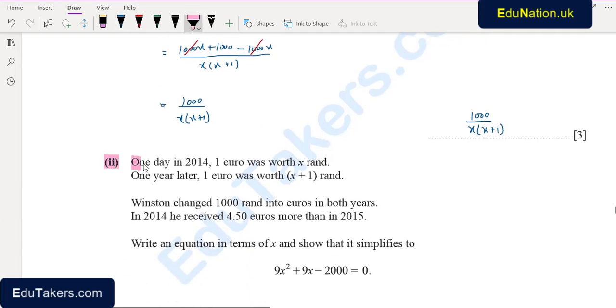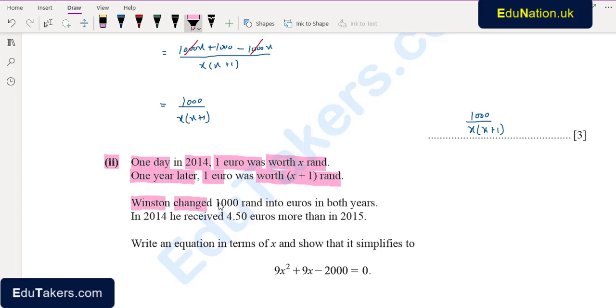Part 2. One day in 2014, €1 was worth x rand. 1 year later, €1 was worth x plus 1 rand.